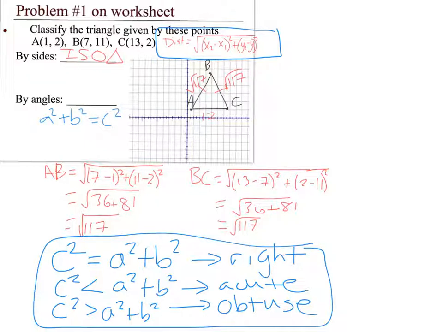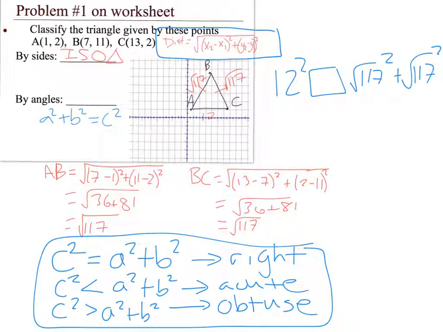So my biggest side is the square root of 117, about 11. So 12 squared, and then I'm going to leave a little box right here because I'm going to fill that in. And I've got square root of 117 squared plus square root of 117 squared.